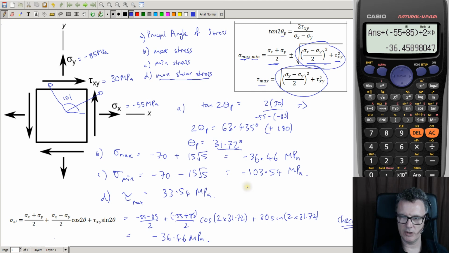The last thing you could do is say, right, well, you told me that if you're pointing at the principal angle stress, that your shear stress will become 0. So is that true? So shall we check that? Well, we've run out of space, but let's do that.